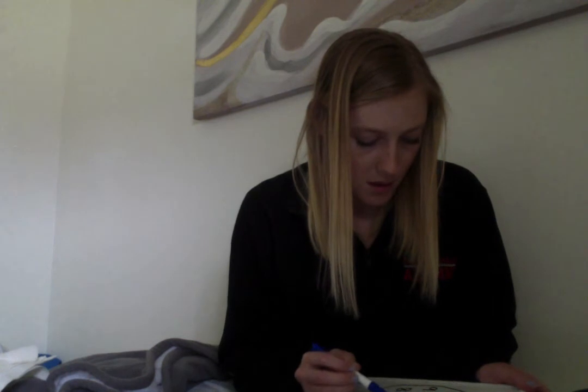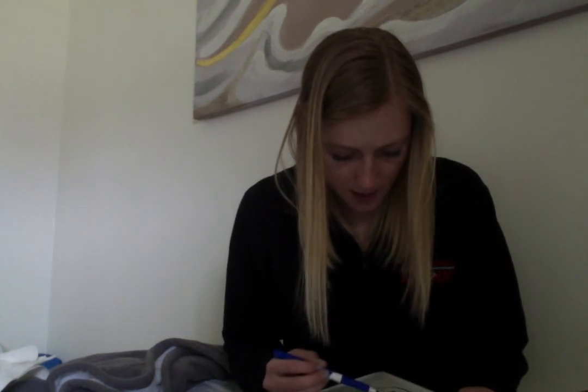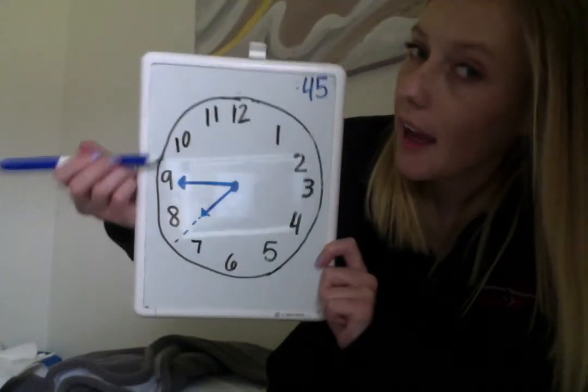this one, circle this one, whatever you're doing, while I draw it for us. And my hour hand is over here. I'll draw my dotted line so that we can see. So I have my minute hand, my long hand, pointing at the 9, which means it is something 45.